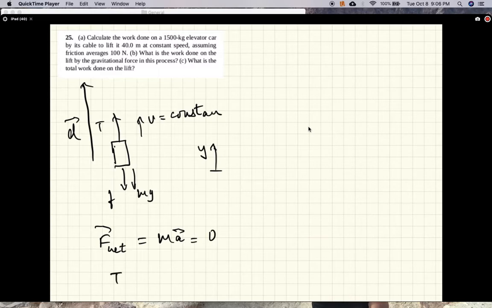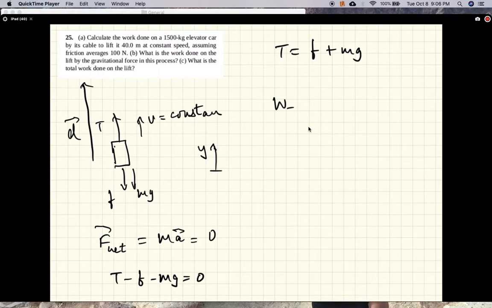So T minus the friction force minus mg is equal to 0. T is positive, and these have negative y components. So T is F, the friction force, plus the weight.